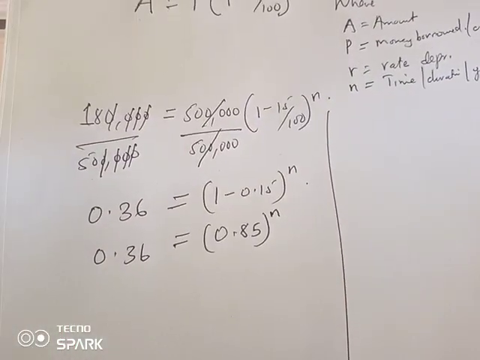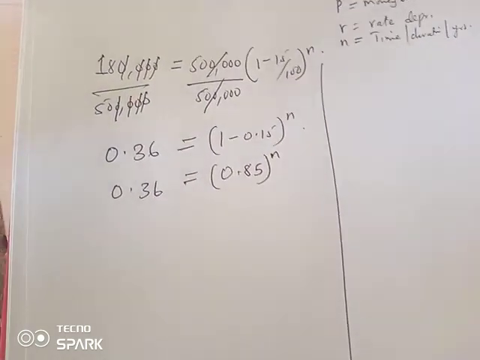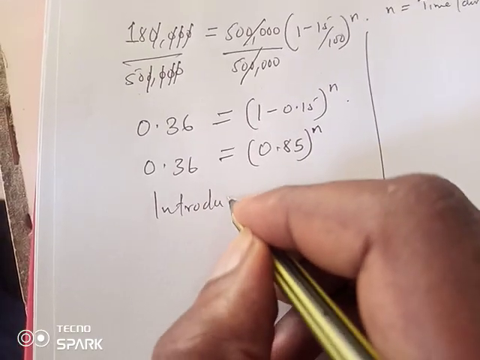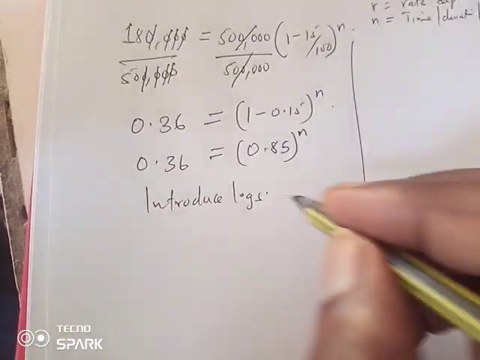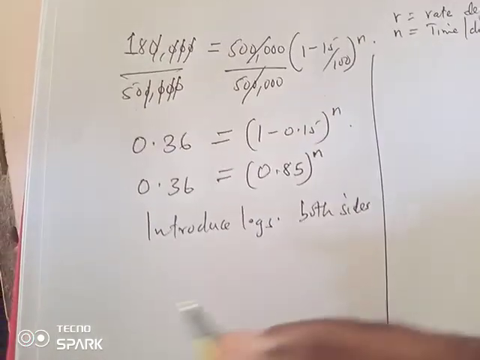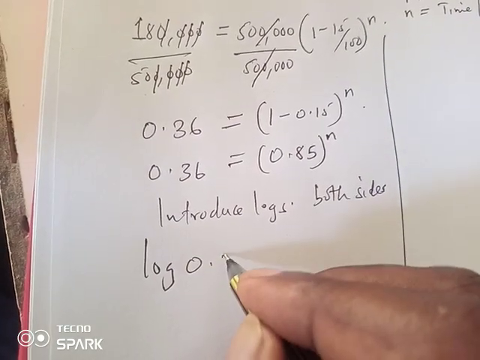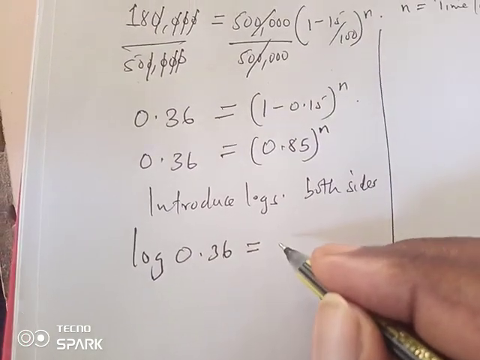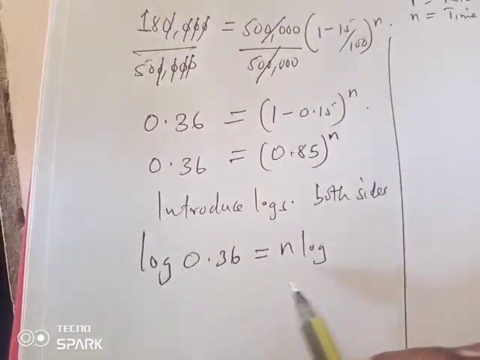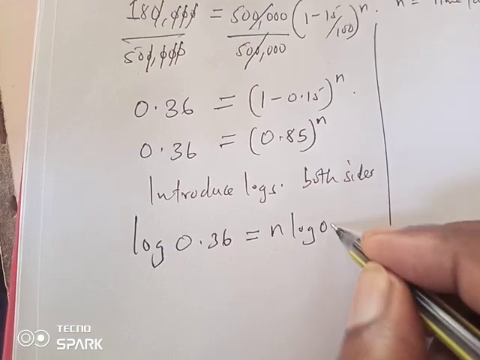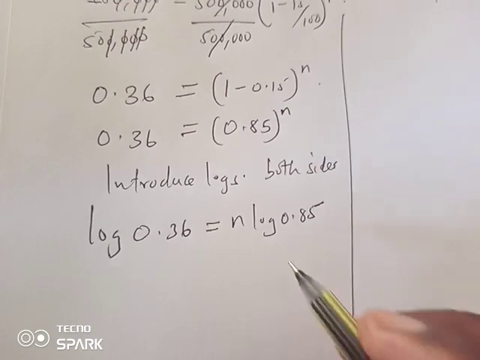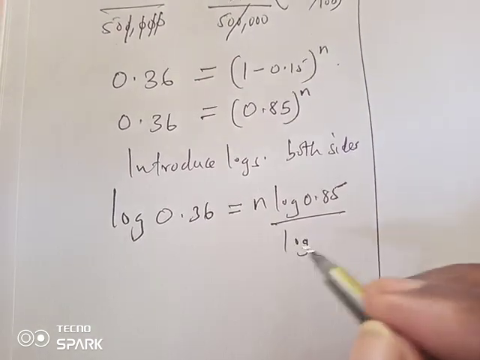So up to this stage, for the lovers of math, we all know the next procedure is to introduce logarithms. Introduce logs on both sides. So introducing log, we shall have, therefore, log of 0.36 is equivalent to n log 0.85, I'm obeying law 3, where the power becomes the coefficient. So very simple, reducing my equation.